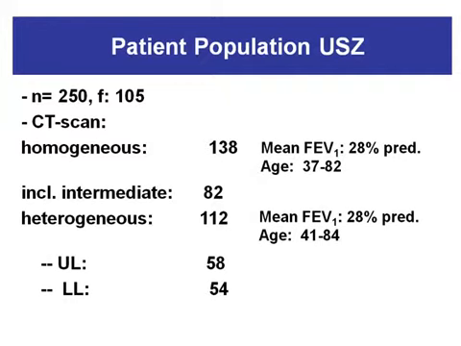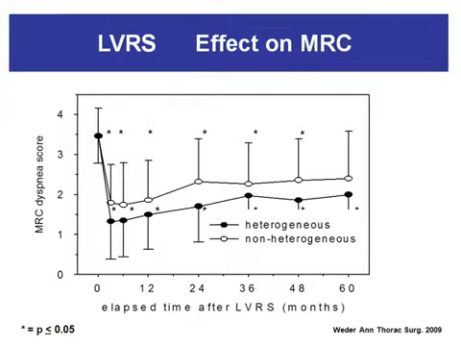The mean FEV1 was 28%. These were the age distribution, and I compare it with the heterogeneous group: 58 upper lobe, 54 lower lobe. So I compare this group now with the homogeneous, and this is the data we have observed in Zurich.